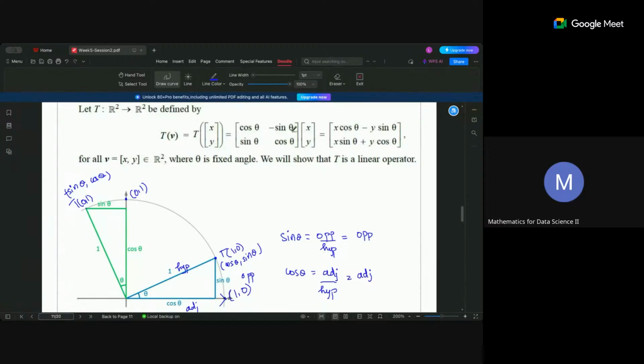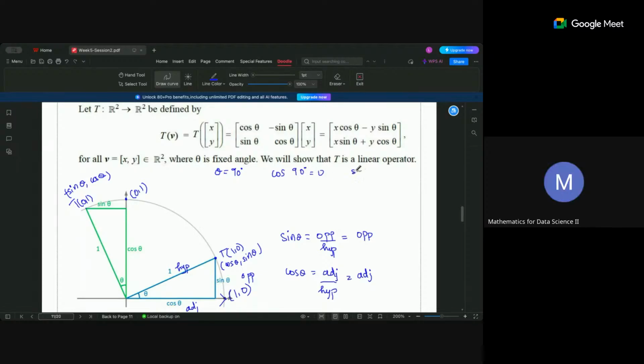Now, how does this matrix really make sense? For a deeper understanding, let us consider the simplest case, theta equal to 90. What happens when theta is 90? Where does (1, 0) go to? (0, 1). How can we visualize it from here? Can you see what cos 90 is? 0.